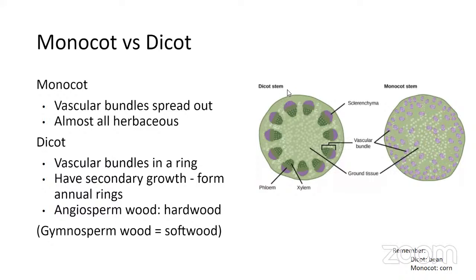Their secondary growth is forming additional rings with these vascular bundles in rings. When we're talking about angiosperm wood, we call it hardwood. Gymnosperms do have wood as well. We just call it softwood, and we'll see a picture from a scanning electron microscope that can show you why. So when we're thinking about woody plants, first we can think, is it a gymnosperm? If it's not, you're thinking about an angiosperm, specifically an angiosperm that is likely a dicot.